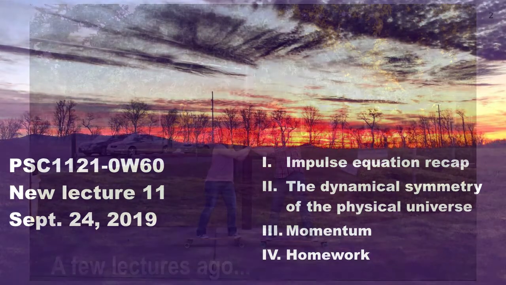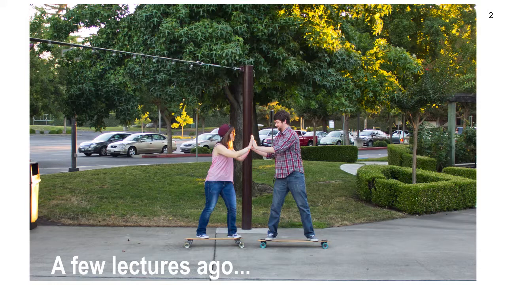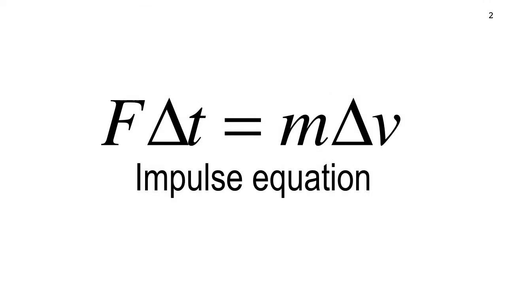Now, a few lectures ago, we talked about the interaction of skateboarders. It's in the very beginning of chapter 4, which is in the free textbook. The gist of that was to talk about impulse. This is the impulse equation, F delta t equals m delta v.